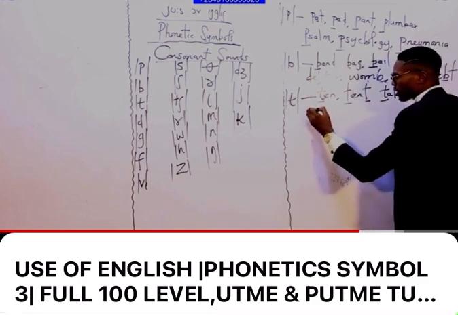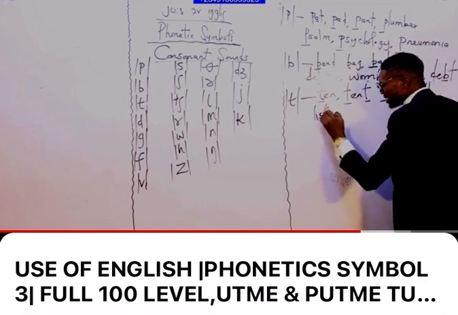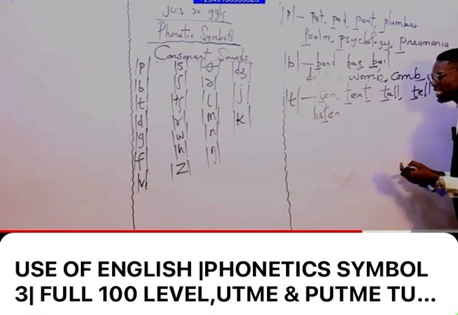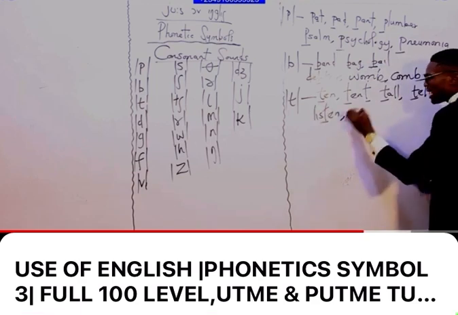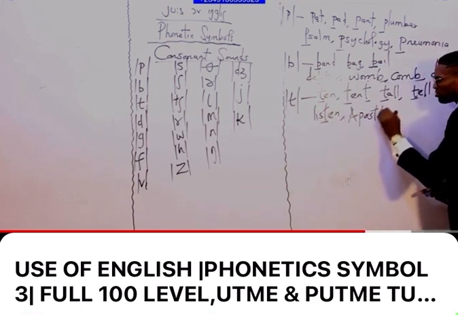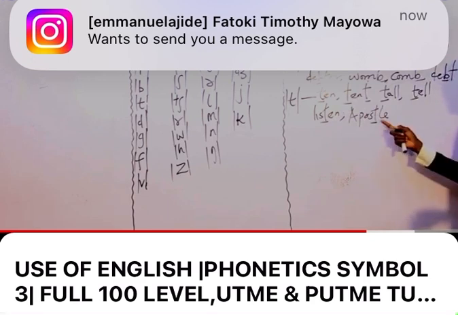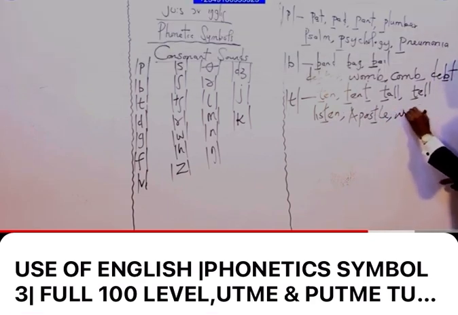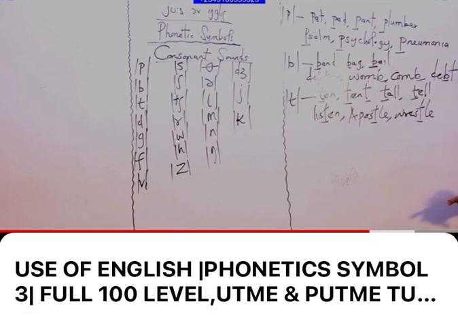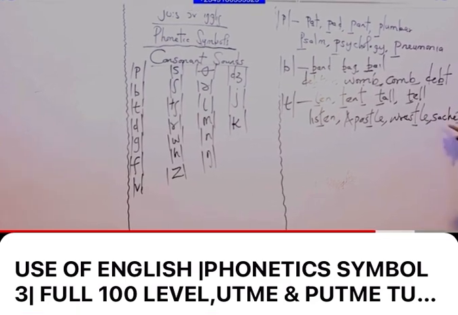But when it is voiceless, like in listen, what's happening to this T? It is voiceless. Just like I have apostle, what's happening to this T? It is voiceless. Where I have wrestle, I won't say rest-tle, I will call it wrestle. The T is voiceless. Like I also have sachet.